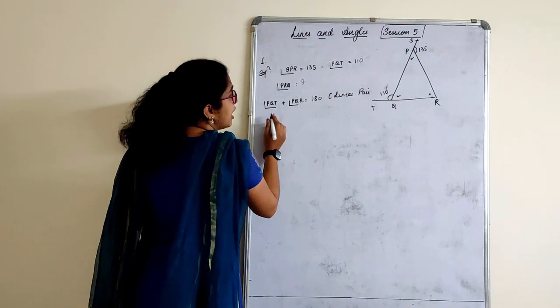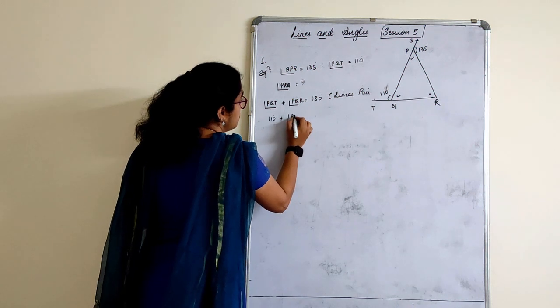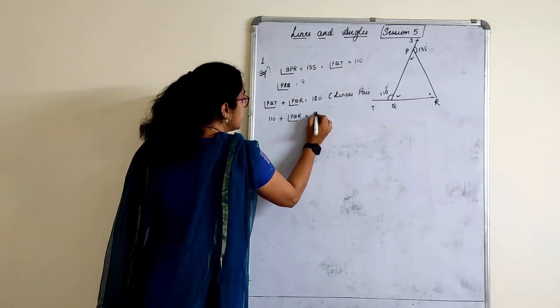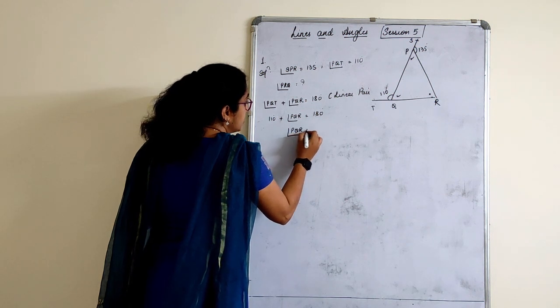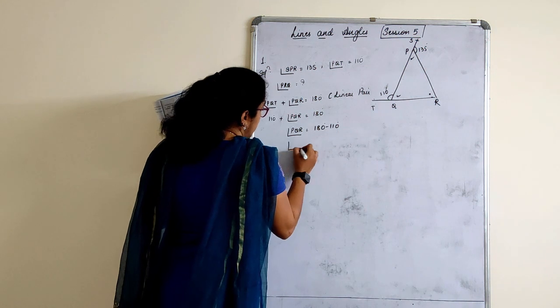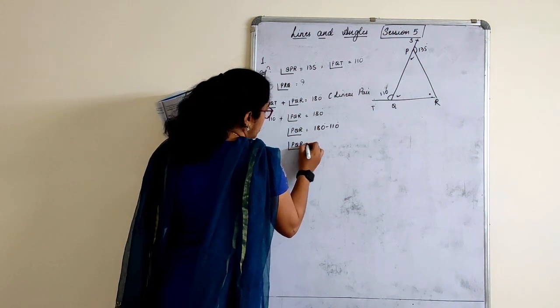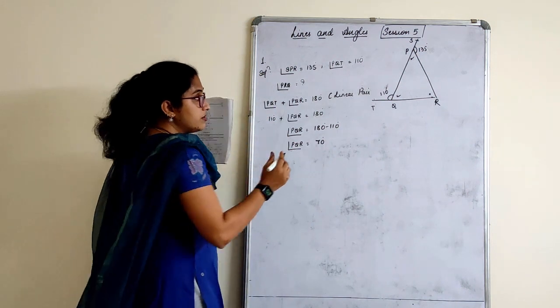So PQT is how much? 110 plus angle PQR is equal to 180. Angle PQR is equal to 180 minus 110. Angle PQR is equal to 70 degree. Right? So this is 70.